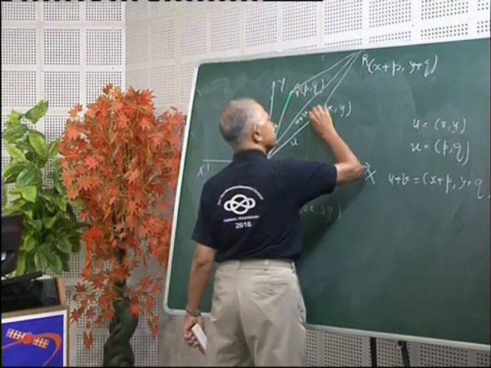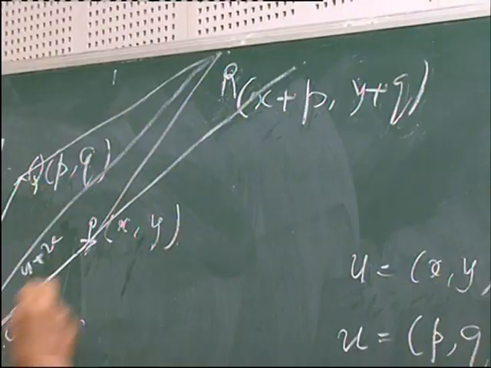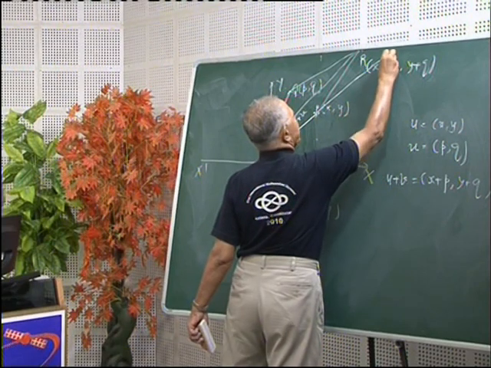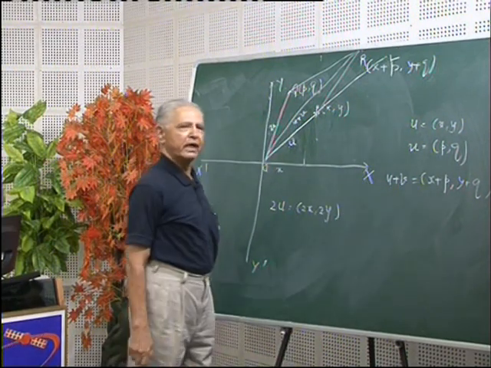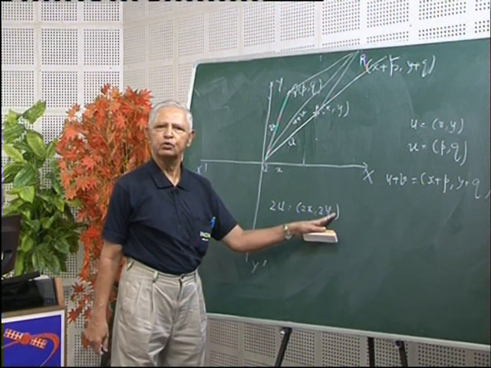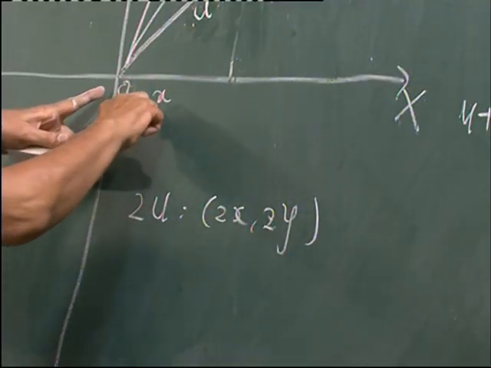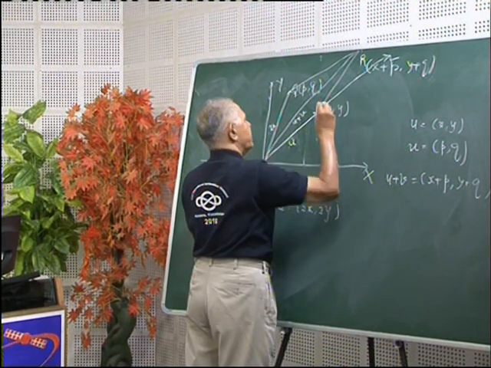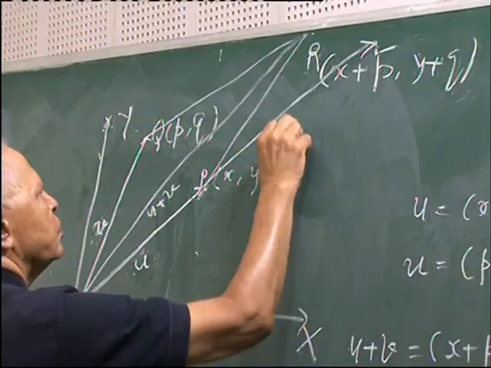We extend this line so that OP = PL. Then the coordinates of the point L will be (2x, 2y), and so the segment OL will represent the vector twice u.